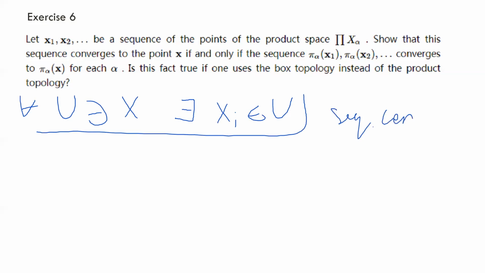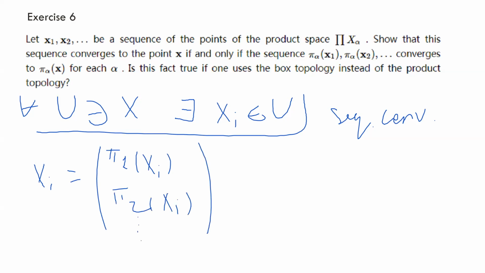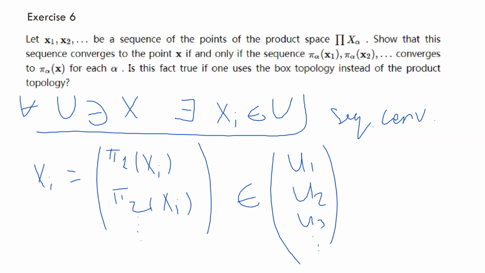That's the definition. And then basically what we do is we say, okay, great, then it means that Xi, which is actually like a little vector, P1 Xi, P2 Xi, and so on, is inside of this open set, which is also just some U1, U2, U3, and so on.